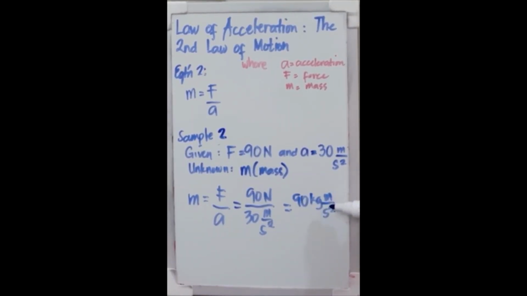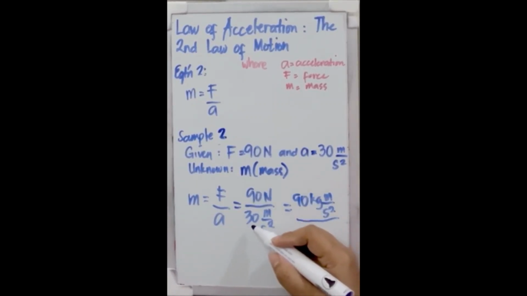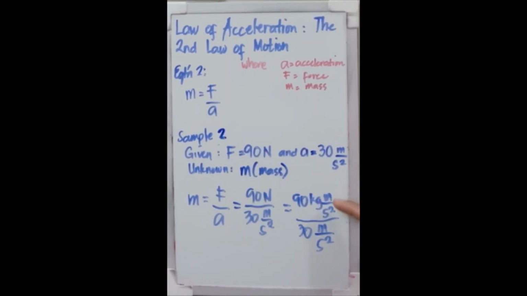Again, this unit, kilogram meter per second squared, is just the expanded form of Newton. Why we do this? So that we will know which unit to cancel and which unit will be left behind. This will be divided by 30 meter per second squared. Now we can see that we can cancel meter per second squared.